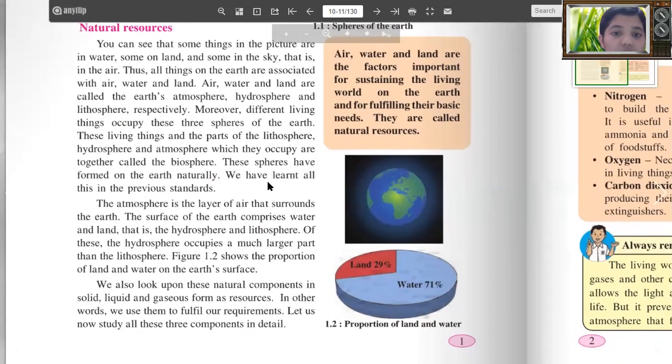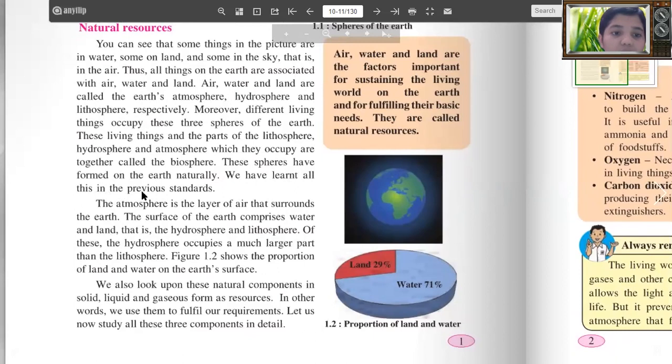We have learnt all this in the previous standards. The atmosphere is the layer of air that surrounds the earth. The surface of the earth comprises water and land, that is the hydrosphere and the lithosphere. Of those, the hydrosphere occupies a much larger part than the lithosphere.